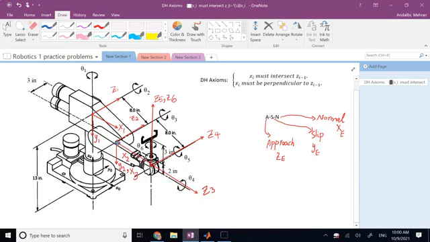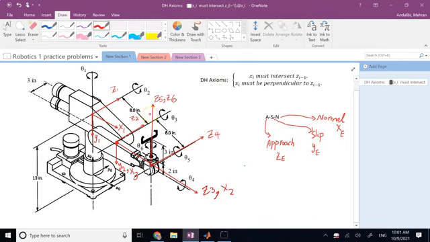So let's go, here we go. Like this. And as I said, for that reason, now I can say x2 is on the top of z3. Good. So frame 2 and 3 have the same origin.